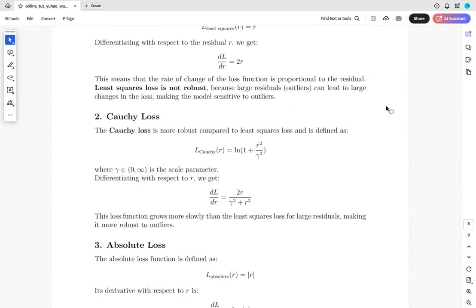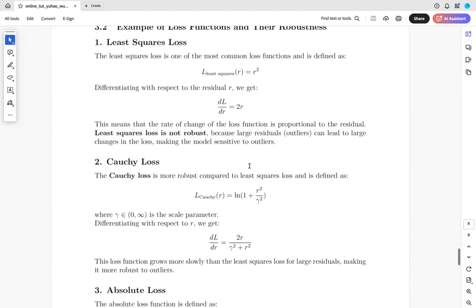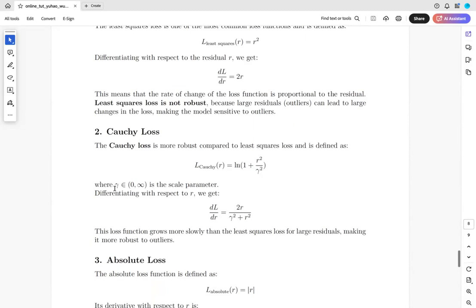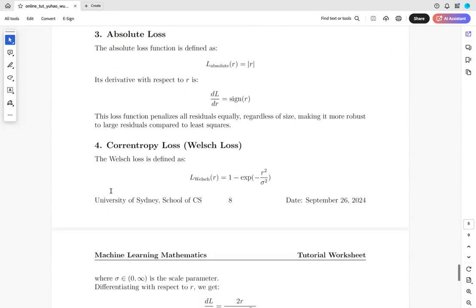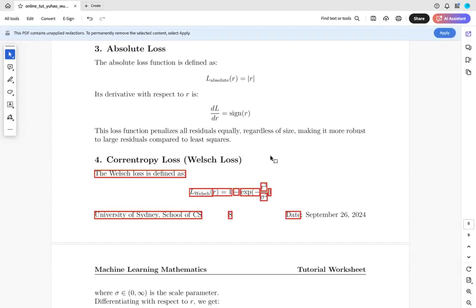Okay, for someone who asked a question about the Cauchy loss and the cross entropy loss. Firstly, for these two losses, they have a scale parameter. You can define this parameter before you use this loss function.